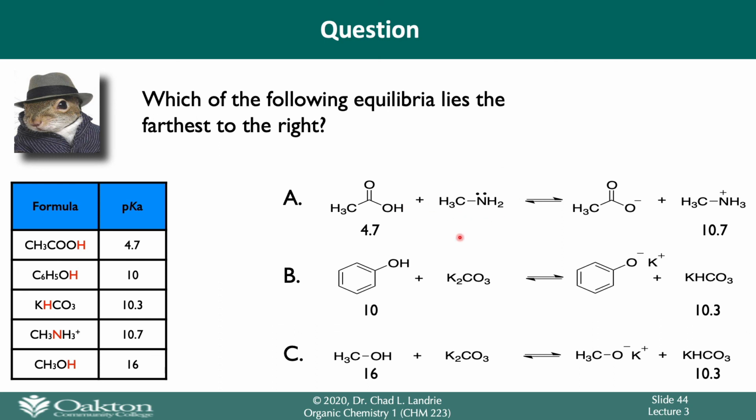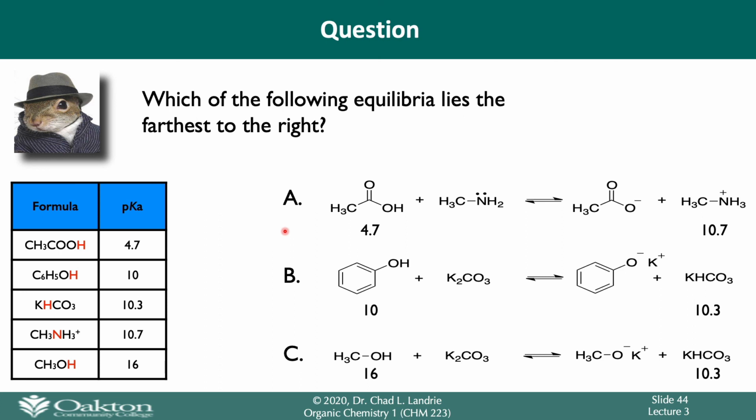And I know that this is the base because it's accepting a hydrogen atom. When I look at the products, it's got one more hydrogen than it had. So first you have to decide who's the acid on each side, and then write the pKa values underneath. Another thing to remember is that an equilibrium always lies toward the weakest side.